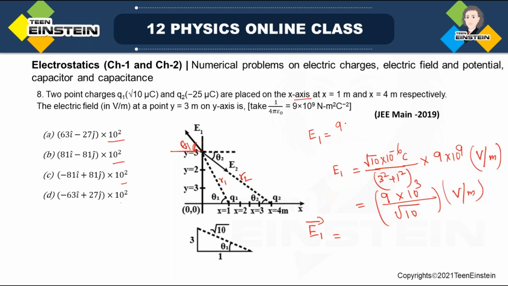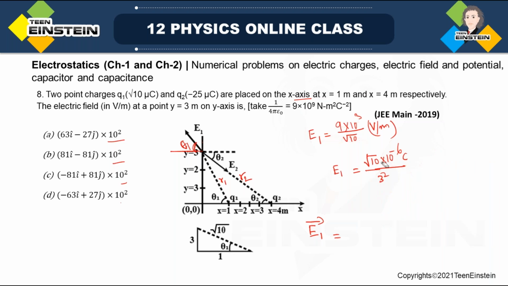So 9 into 10 to the power 3, and I'm just keeping this square root of 10 down in the denominator itself. Let me clean this portion, I may need it. So I'll be writing E1 in terms of vector.